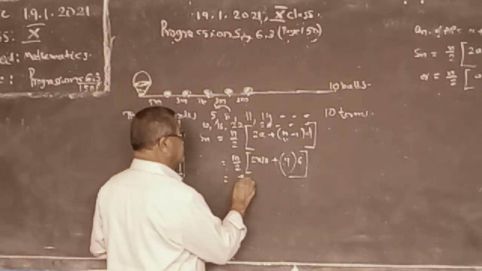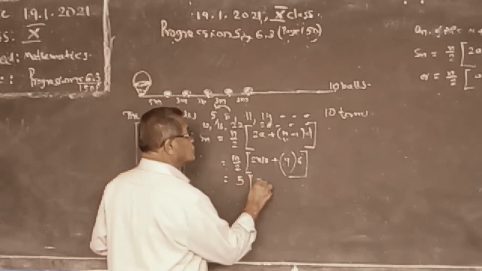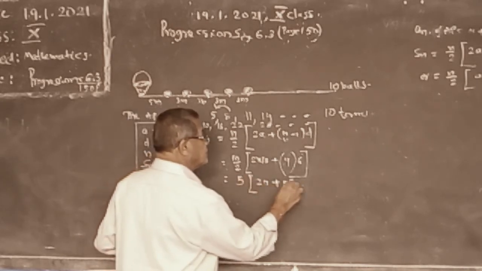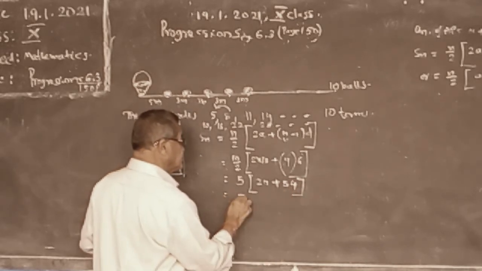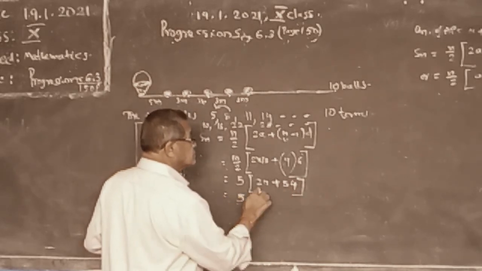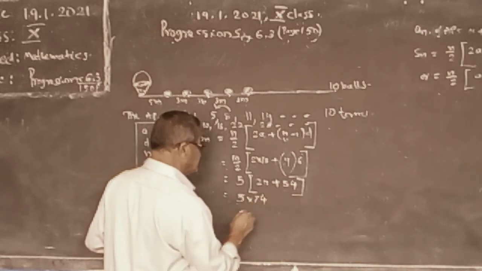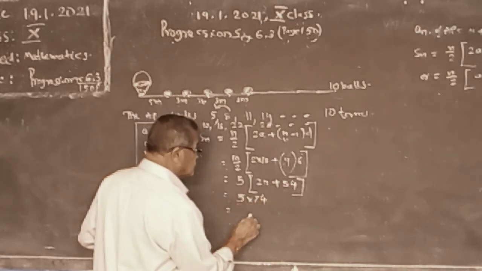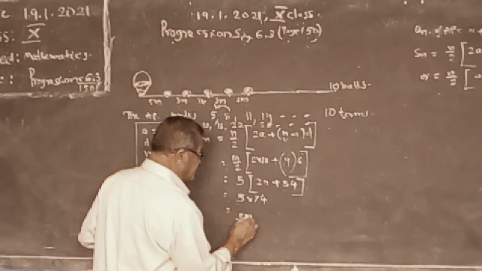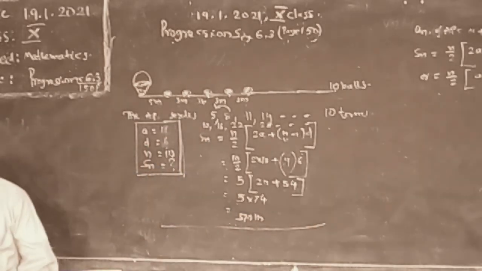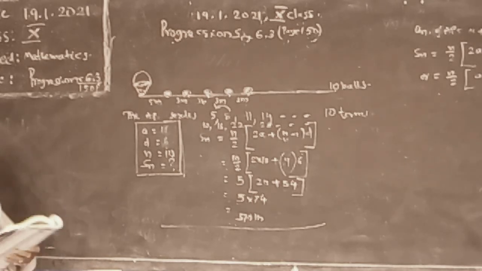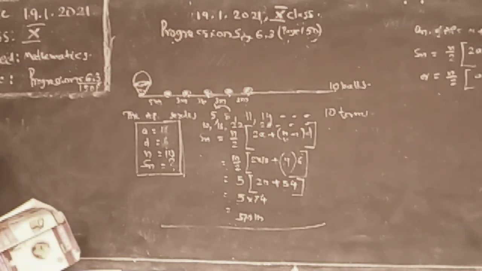This is 5 of 20 plus 54, 5 of 74. 5 fours are 20, so 370 meters. The total distance the runner should run is 370 meters.